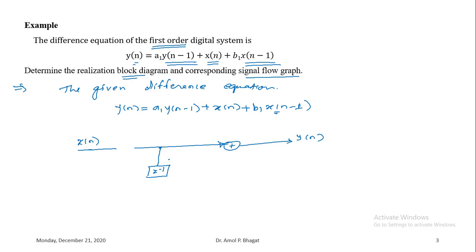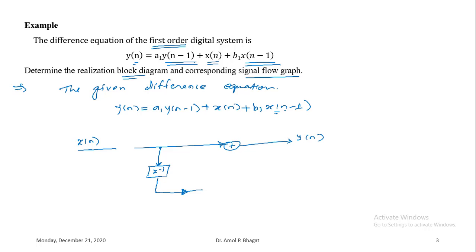Here the input signal will be x of n, so x of n will come here and get delayed by 1 unit in time.